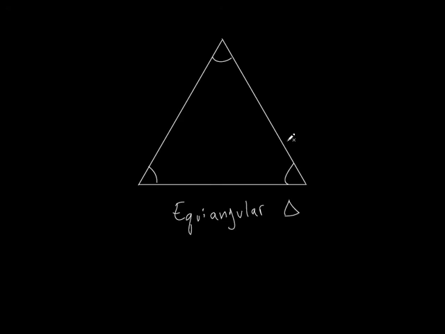Now again, I'm skipping ahead a little bit, but since we were talking about it before, if all three angles add up to 180, what do you think the measures of all three of these angles actually are, each angle? 60 degrees, right, because 180 divided by 3, you can divide it by 3 because they're all the same, right? So 180 divided by 3 is 60. Good. And that's another lesson, but that's okay. I think it's okay to skip ahead a little bit. All right, so that's an equiangular triangle.